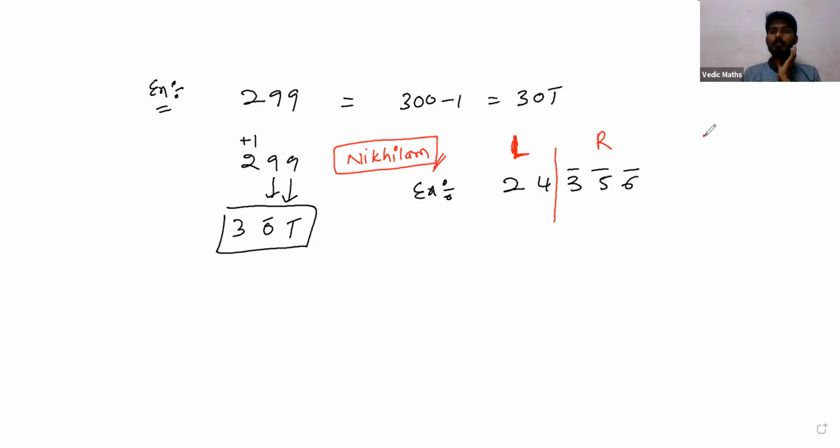And this problem is based on 100. So in Nikilam multiplication, the problem is based on 100. In the right hand position, 2 digits will be fixed, and this 3 is moving to the left part and it is added.